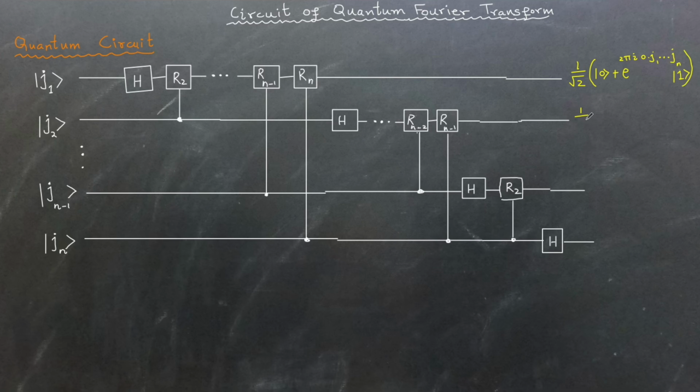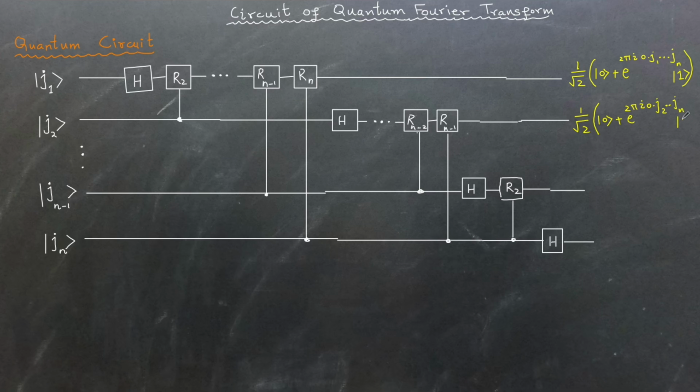For the line corresponding to j2, the output will be similar, but the fractional binary value starts from j2 and ends at jn. This means that the phase factor for the ket 1 state is determined by the fractional value formed by the digits of the second qubit and all subsequent qubits.